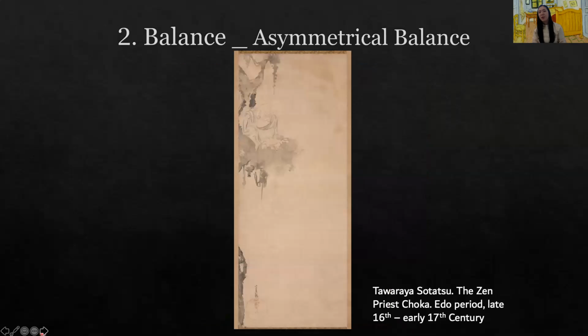And here is a tricky example. Can you guess which asymmetrical balance is applied in this Oriental painting? Use your creativity. Number 3. Number 3, it can be, because the left one has texture and the other part is plain.